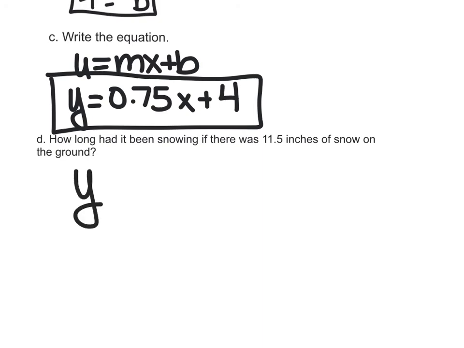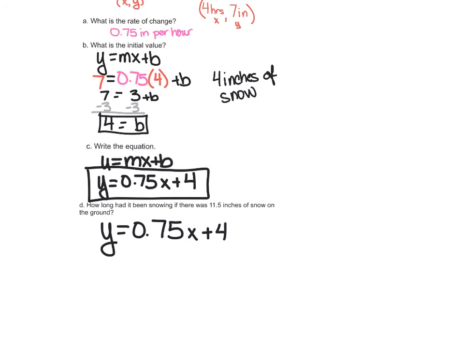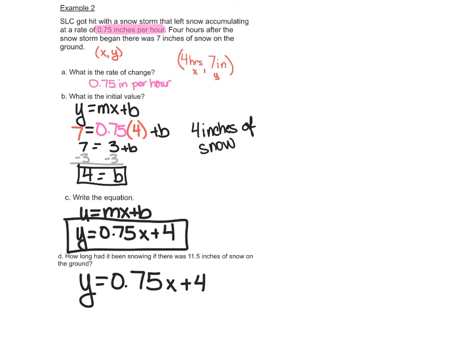So I'm going to use our equation, y equals 0.75x plus 4, and I'm going to substitute 11.5 into my equation. But the question is, do I sub it in as my x value, or do I sub it in as my y value? This is where we can look back at our original work, and we can see inches of snow, inches, we said was our y variable.